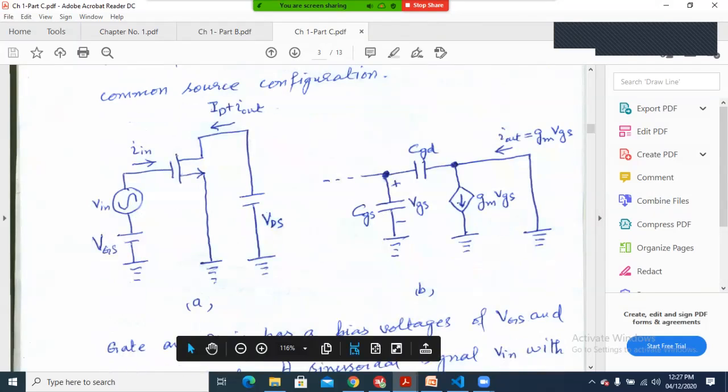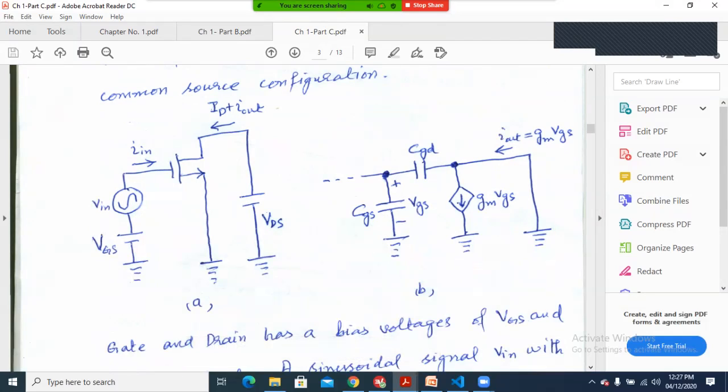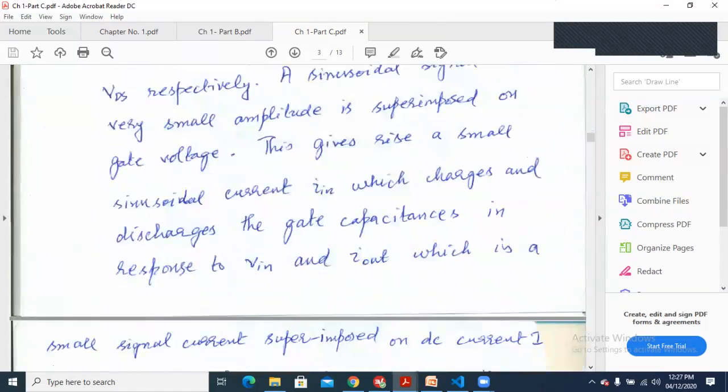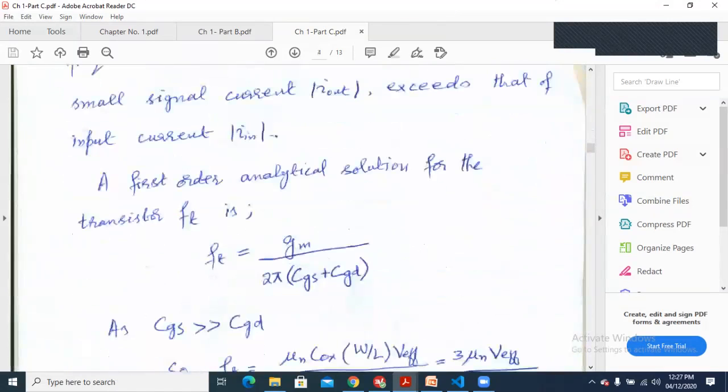So here we have CGS and CGD, and we calculate the value by the relationship Ft is equal to gm by 2 pi (CGS plus CGD).